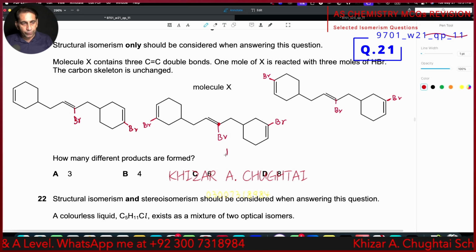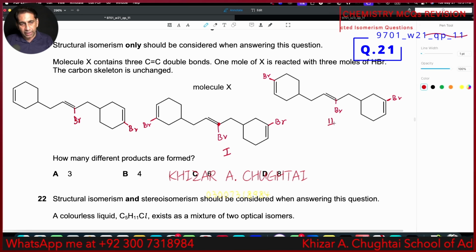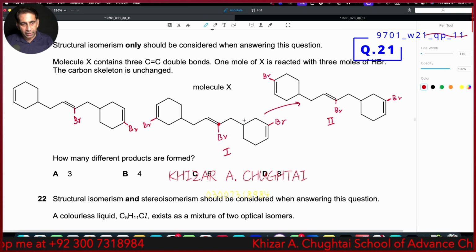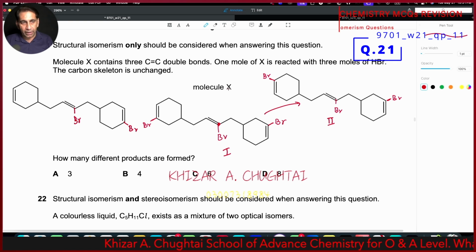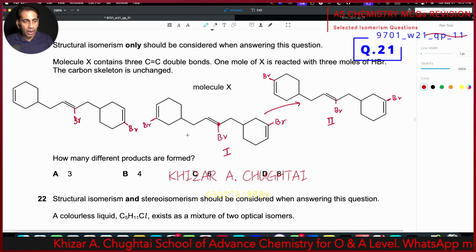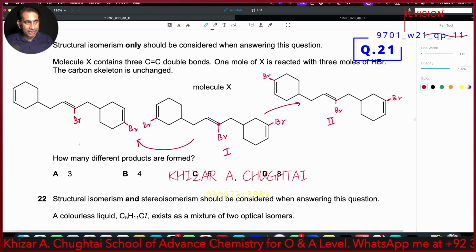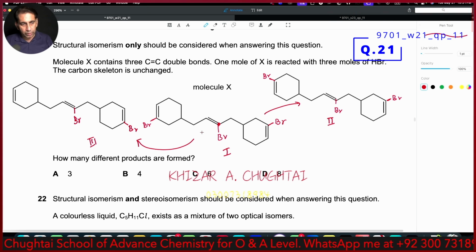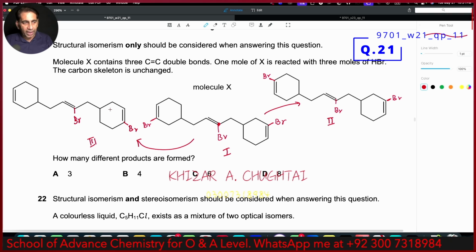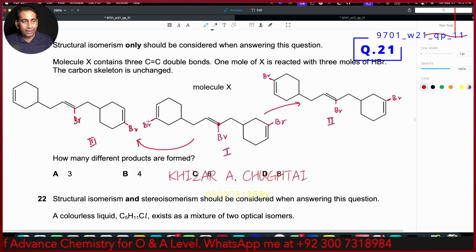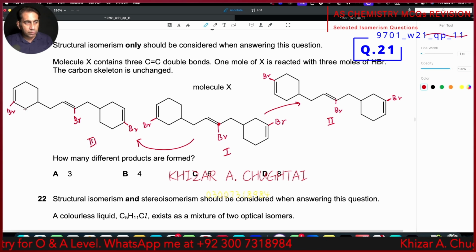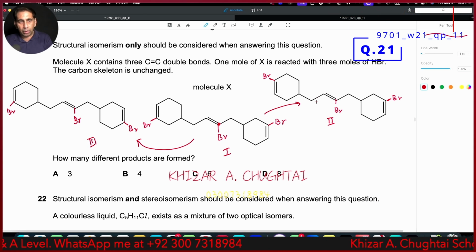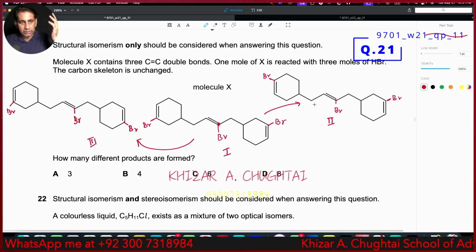I made first of all this one, then at second number this one, the second one from the first one, by changing just the position of this Br. Now I'm making the third one from the first one. Here was the Br, I have changed it into the next position, but I'm not going to change the position of this Br. So again, these 3 are not the same.